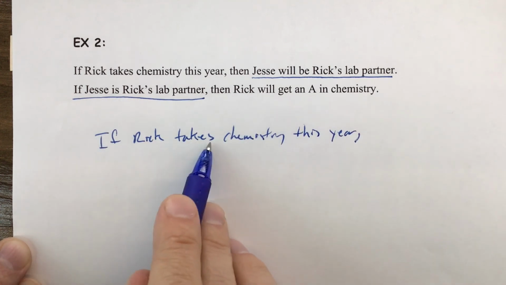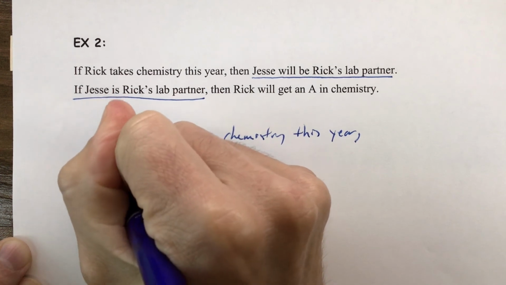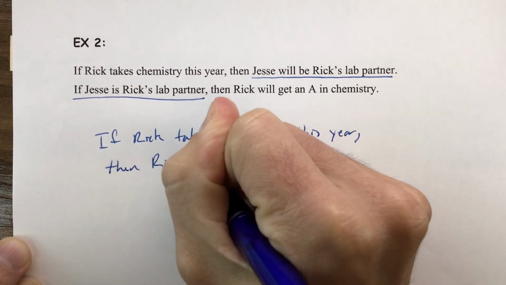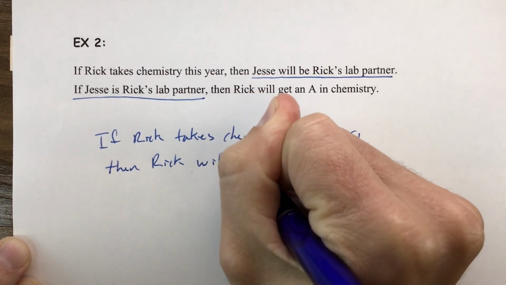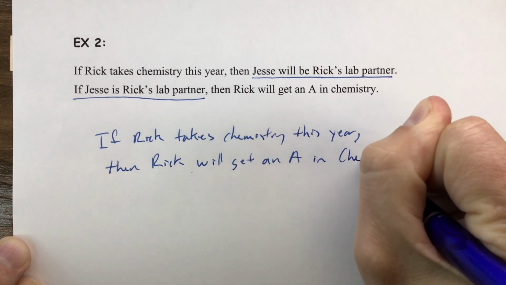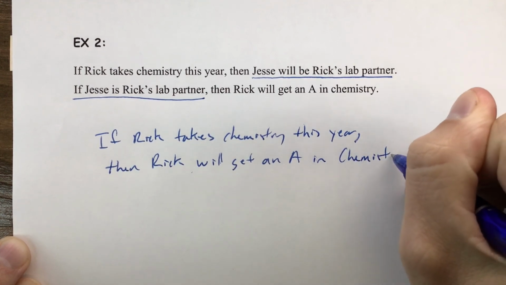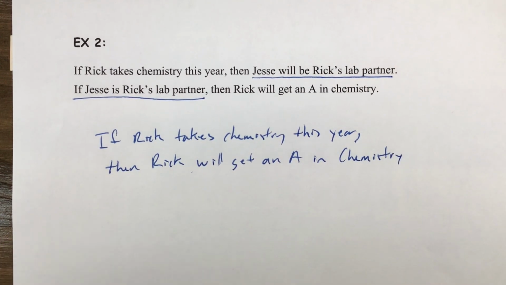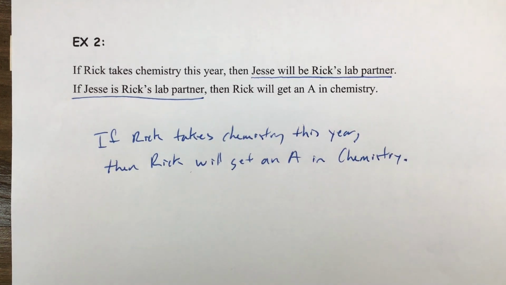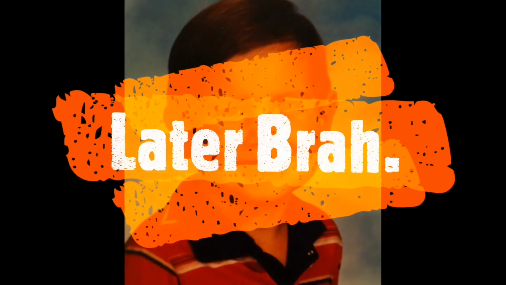So we'll say, if Rick takes chemistry this year, then Rick will get an A in chemistry. I mean, it's important that he's going to have Jesse as a lab partner, but the idea of the law of syllogism is that we can take a beginning hypothesis and then jump to a later conclusion.